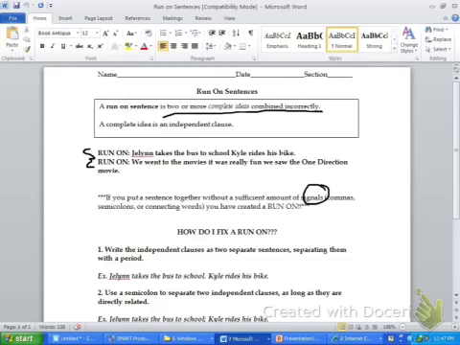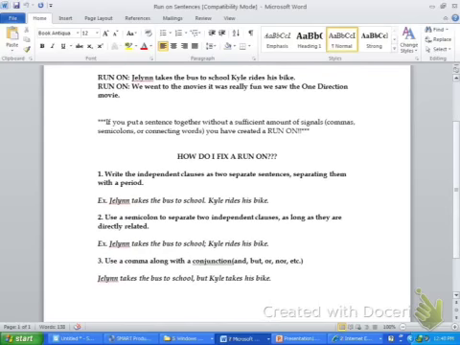So let's look at the three different ways we can fix a run-on. Number one, we can write the independent clauses as two separate sentences, separating them with a period. So Jalen takes the bus to school. Kyle rides his bike. We add a period between the ideas. Let's see if we can fix this one that way. We went to the movies, it was really fun, we saw the One Direction movie.